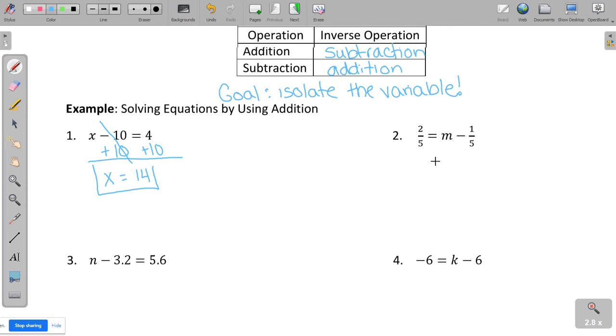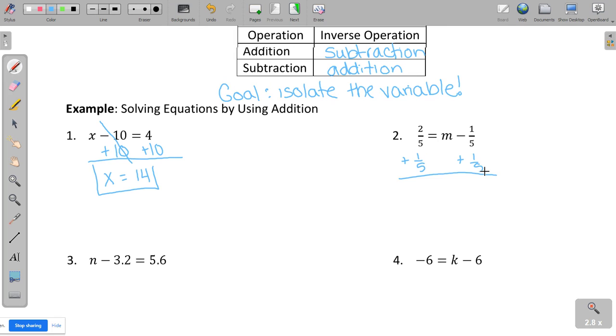Let's try the next one. 2/5 equals m minus 1/5. We have m on the right-hand side, so we need to get rid of everything else on the right-hand side to leave m by itself. So we have minus 1/5. Do the opposite, we're going to add 1/5 to both sides. Remember, what you do to one side of the equation, you have to do to the other.